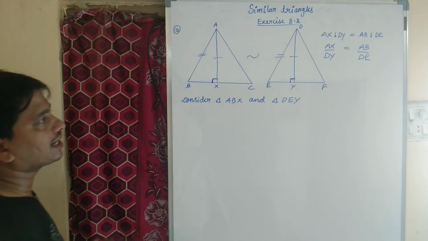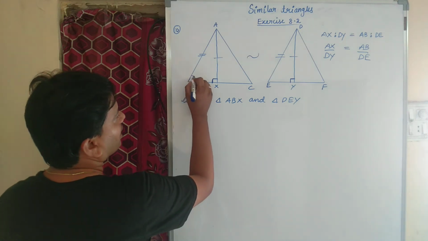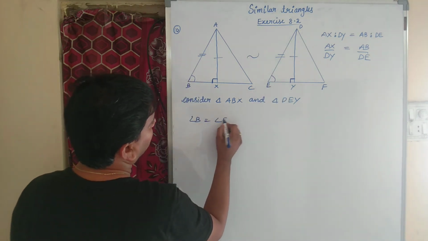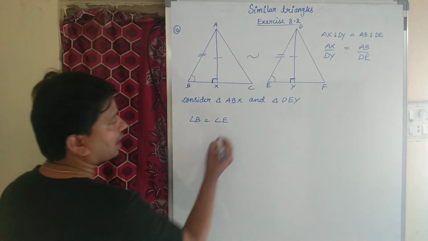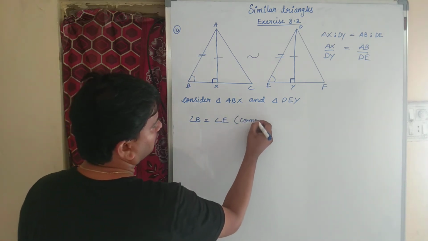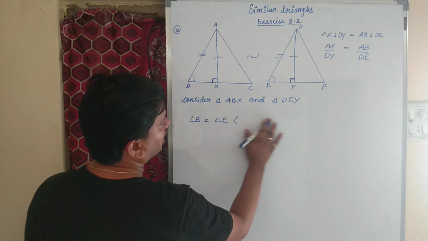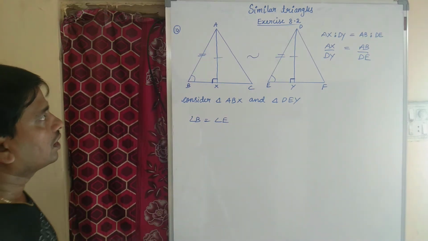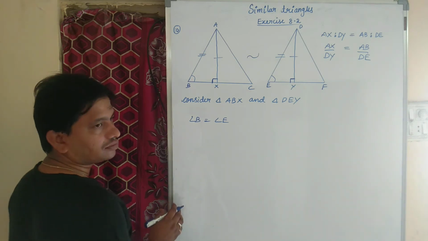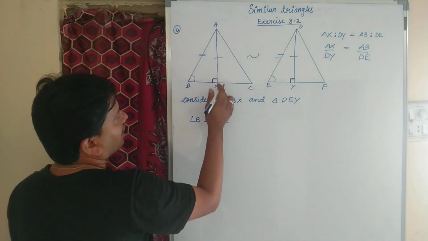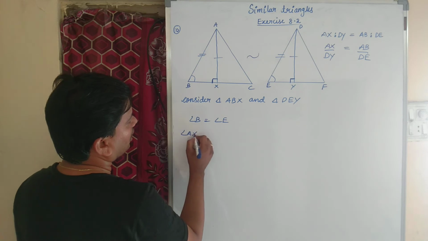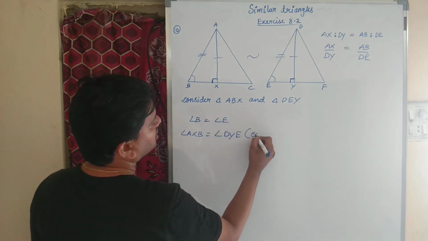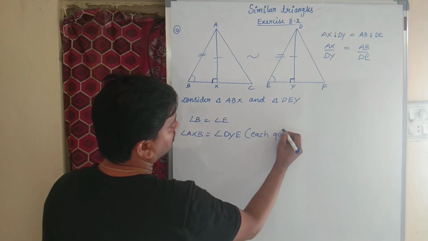What are the corresponding angles here? If I consider these two triangles, angle B equal to angle E. Not common, sorry, they are equal because they are corresponding angles. And as well as angle AXB equal to angle DYE, each 90 degrees, because they are altitudes.